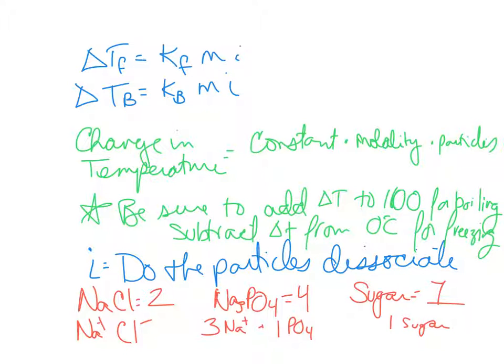So I added just the written out equation. And then just a little reminder, be sure to add the change in temperature to 100 for boiling if you're trying to find the new boiling point, or subtract from 0 to find the new freezing point. So enjoy.